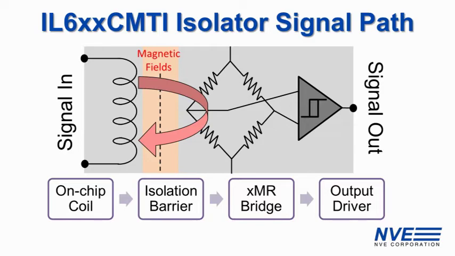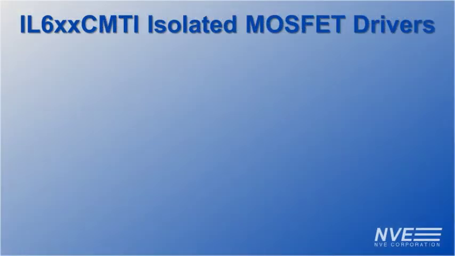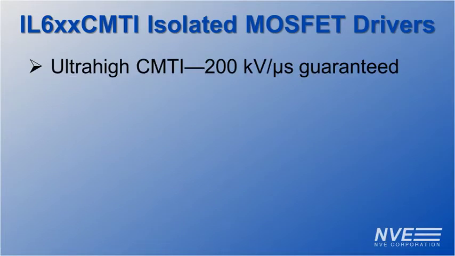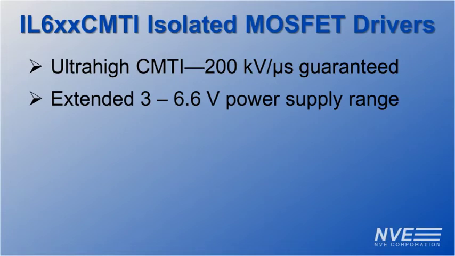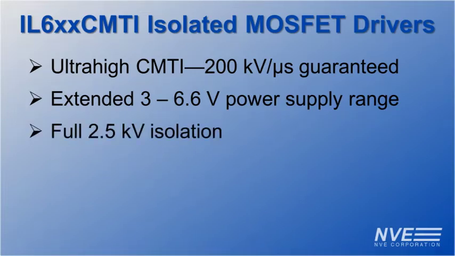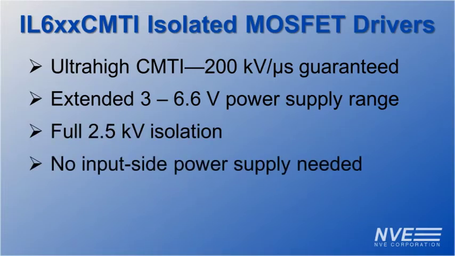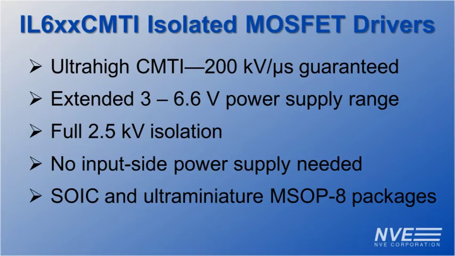Thanks, Pete. As far as the specifics, the IL600 series isolators have ultra-high CMTI, extended 3 to 6.6 volt power supply range for direct drive of 6 volt MOSFET gates, full isolation, no input side power supply, and ultraminiature packages.